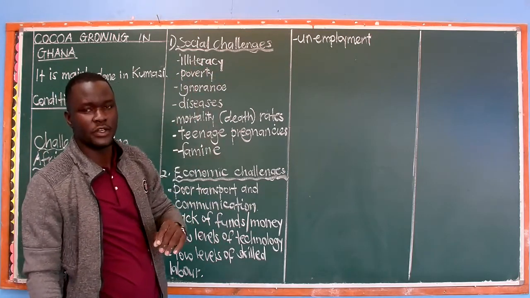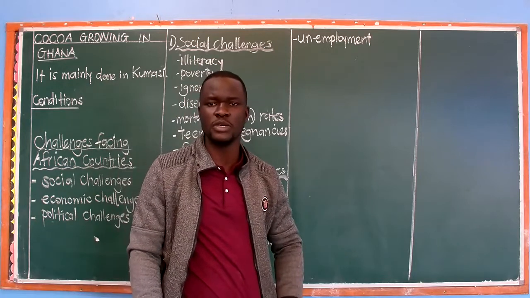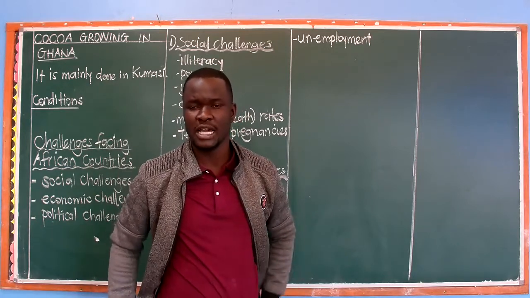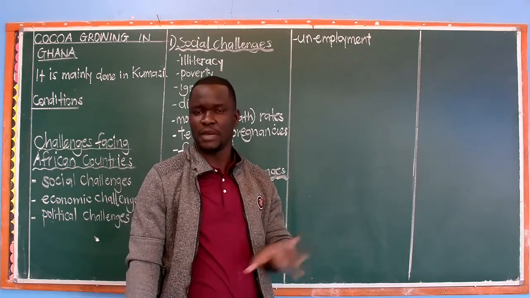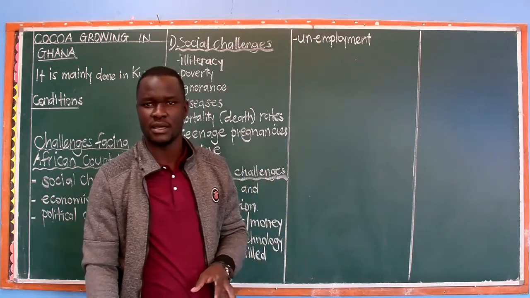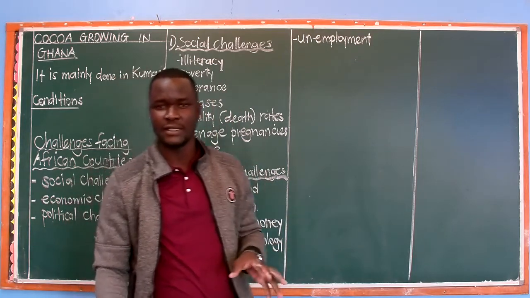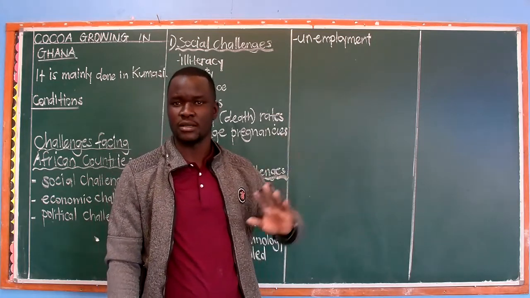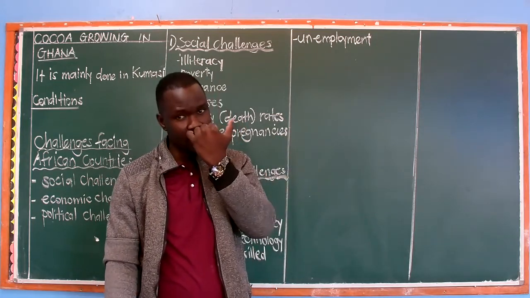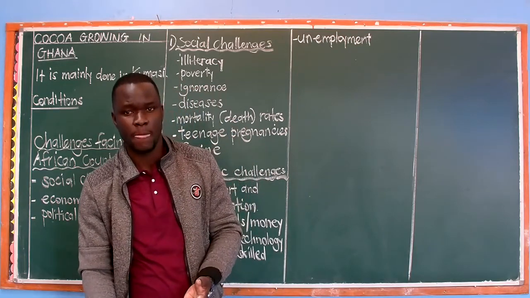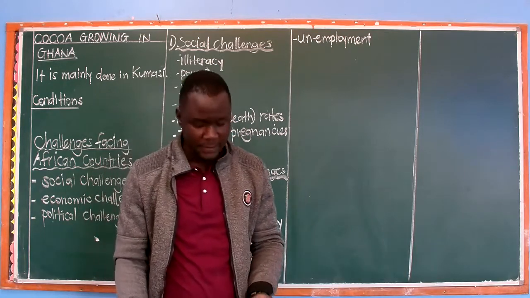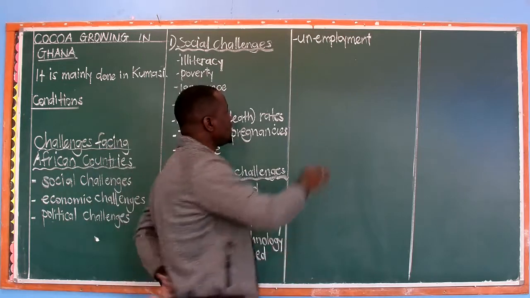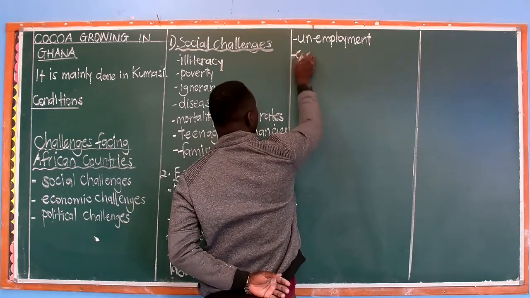Like I said, for you to be given an office, you need to be an educated person, having the relevant papers. If you don't have them, then you cannot be given a job and you remain unemployed. And when you're unemployed, remember you don't have where to get the money from. So problems come in. To add on unemployment, we have what we call corruption.